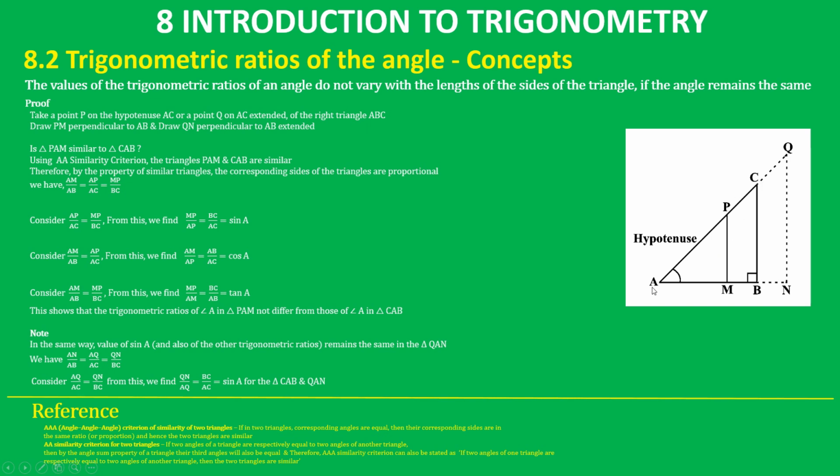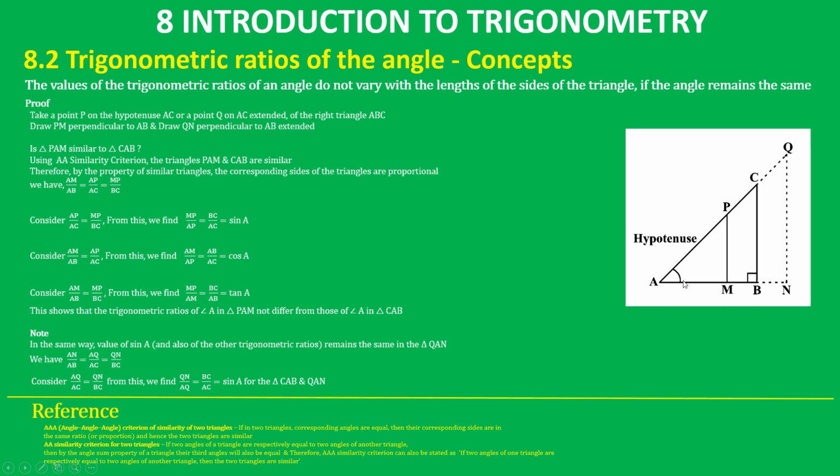Now consider triangle CAB. Angle A is x degrees, angle B is 90 degrees, and angle C is 90 minus x. That means angle P and angle C are equal. Angle A of PAM is equal to angle A of CAB, angle M of PAM is equal to angle B of CAB, and angle P of PAM is equal to angle C of CAB.